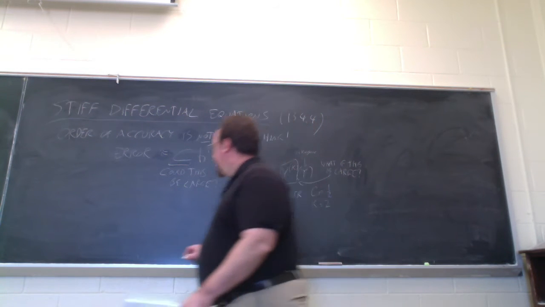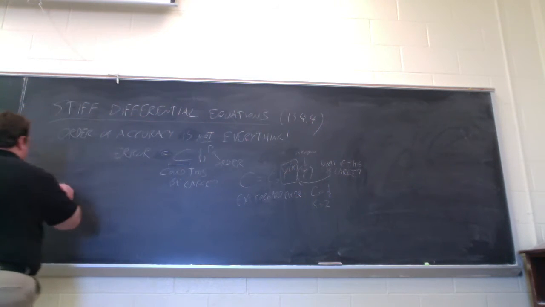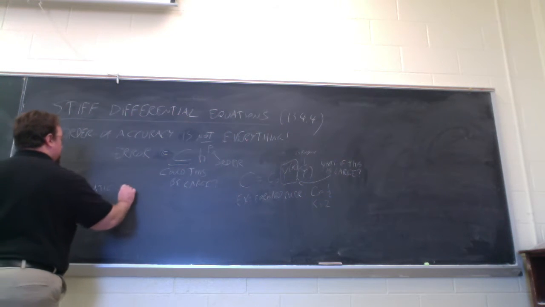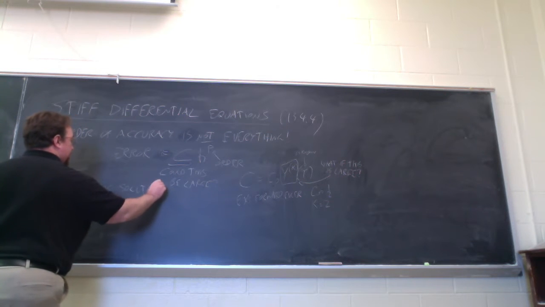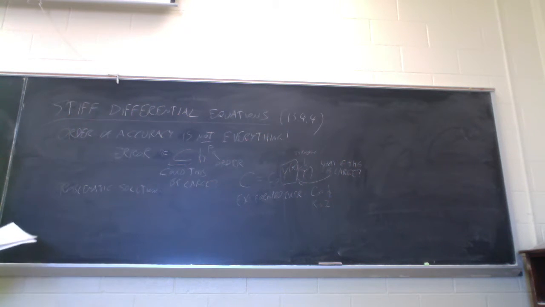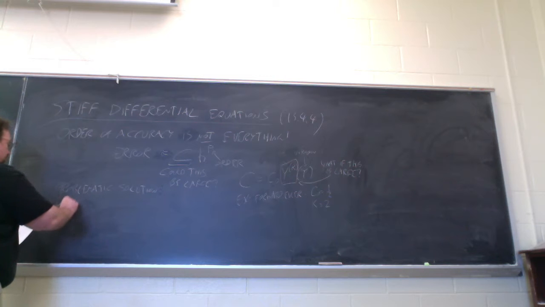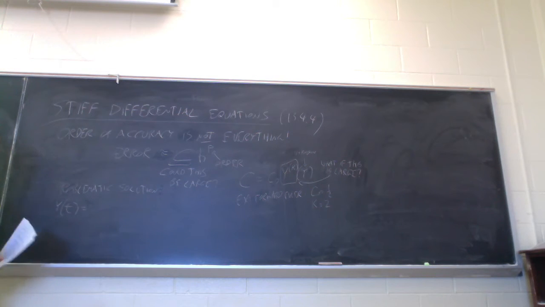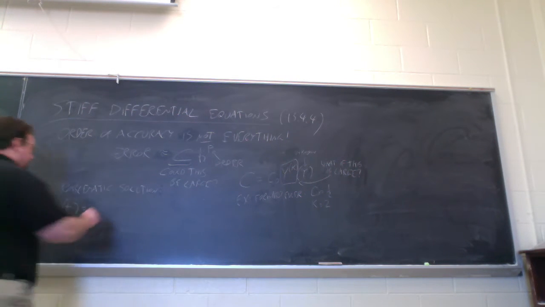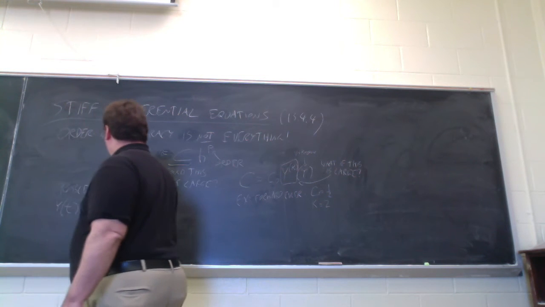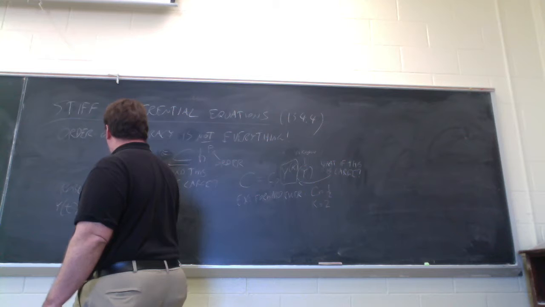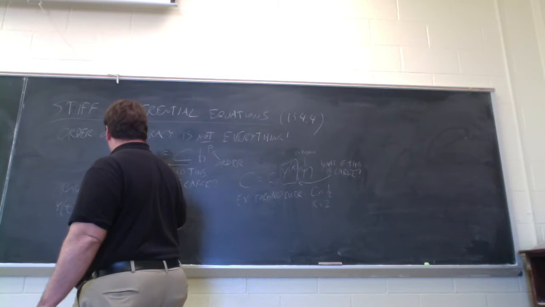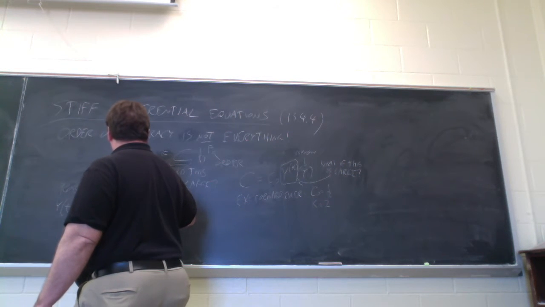So the solution might be something like this. Maybe your exact solution has this form: a constant times e to the lambda 1 t plus another constant times e to the lambda 2 t.